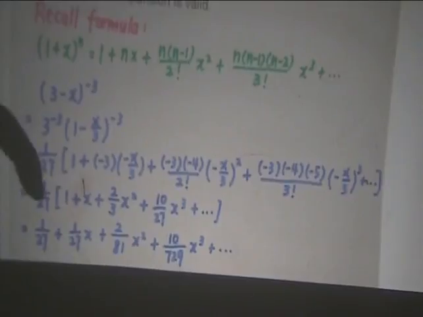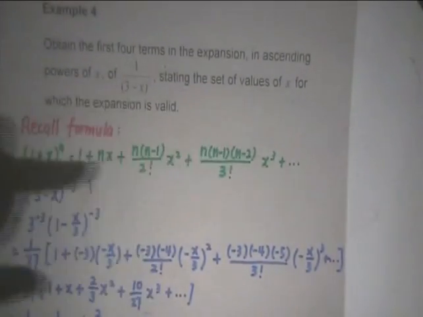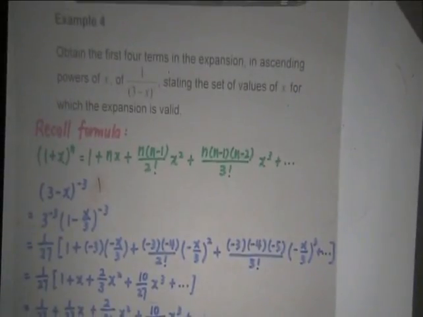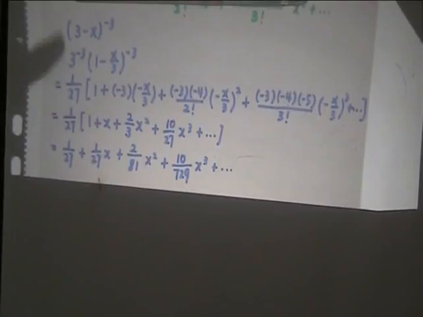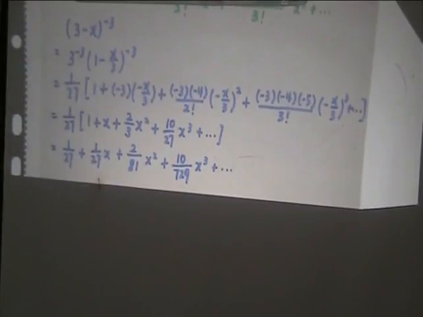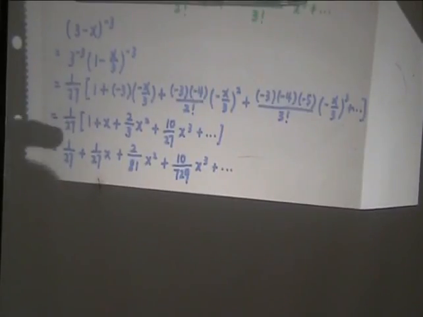The next part of the question, we are supposed to state the set of values of x for which the expansion is valid. So if we look at the expansion, the one that starts from 1, this expansion is valid only when the modulus of x over 3 is less than 1.